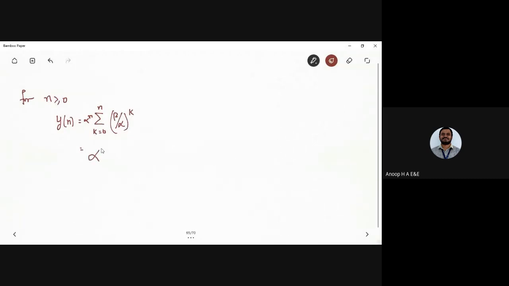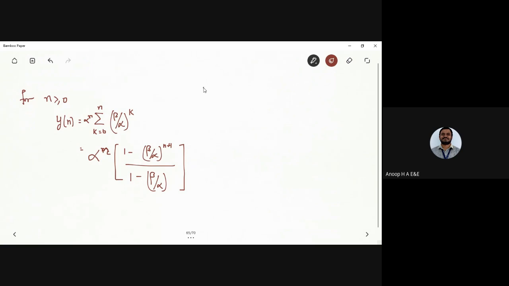I have alpha power n, that is 1 minus beta by alpha whole raised to the power n plus 1 divided by 1 minus beta by alpha. So where the modulus of beta and alpha are certainly less than 1.